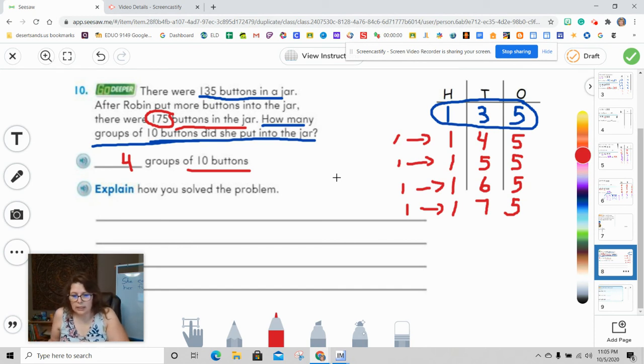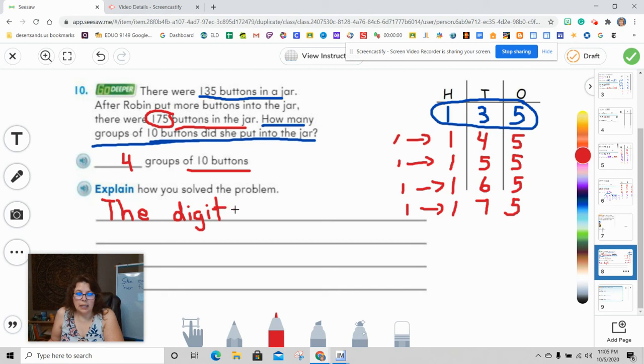So I count the digit in the tens place changed from a 3 to a 7. Now we have to say in the tens place because we were looking at the tens place, so we have to be specific.